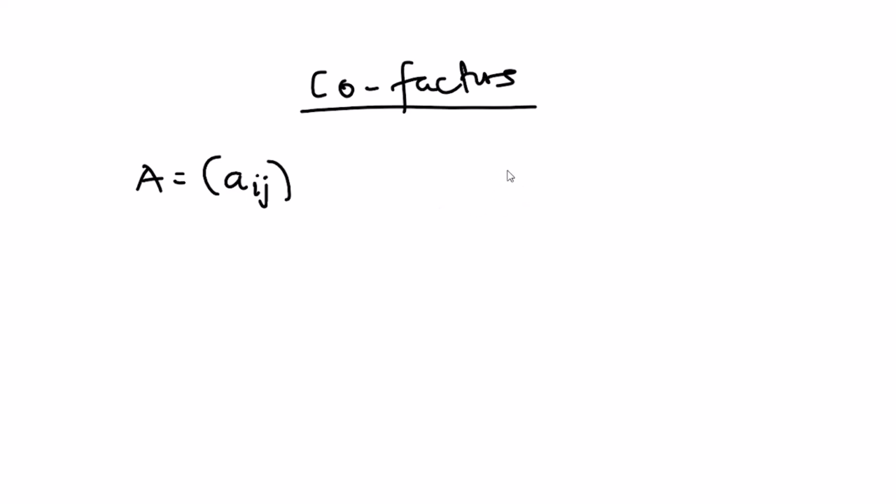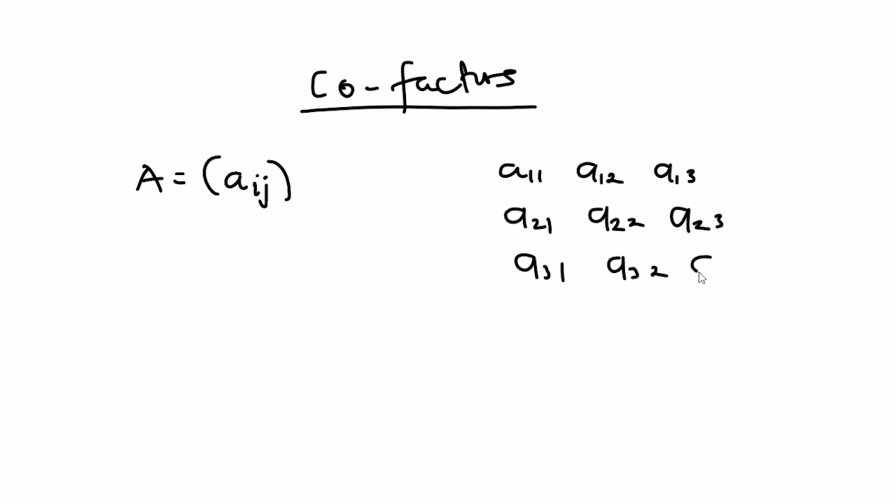So let's say a11, a12, a13, a21, a22, a23, a31, a32, and a33. Of course, what we have here is a square matrix, which is a 3 by 3 matrix. So we can form a determinant of its elements.